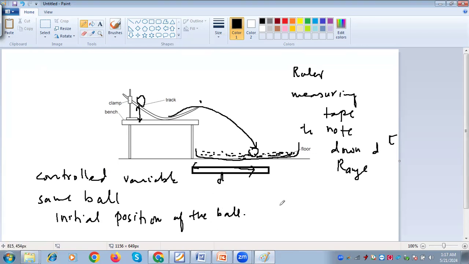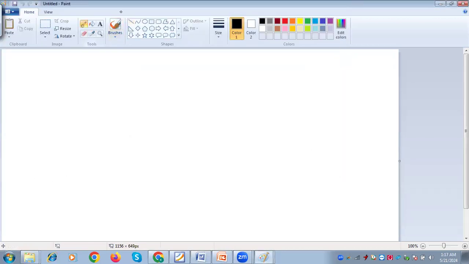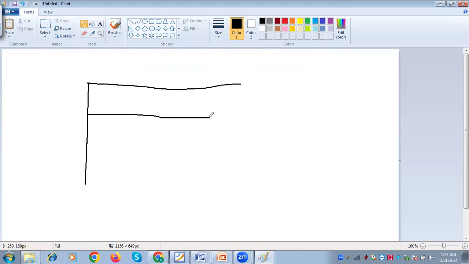Okay, and what will vary? What will you observe in this? The quantities which are to be observed are serial number, angle of bend, range.